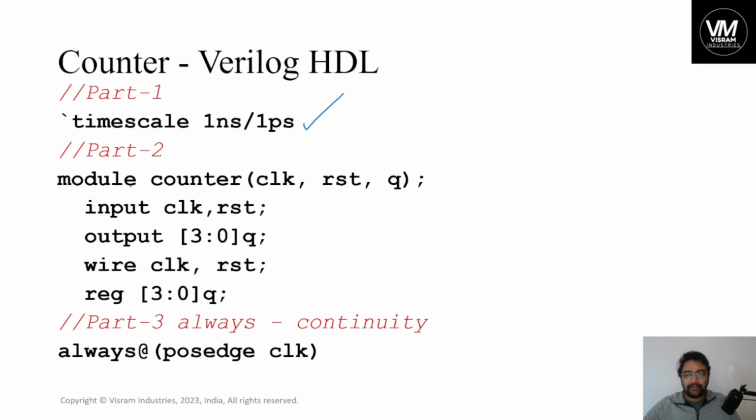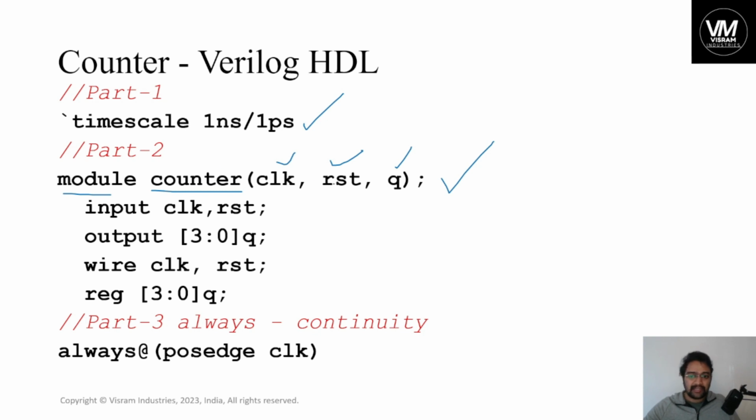And then part 2. In part 2, we always declare the module first, what type of module you are working on. So we define the module name, and we need to define all the output ports and input ports that are available for the module in the design. So for a counter, you can ask how many bits the counter is, or what pins are available in the counter.